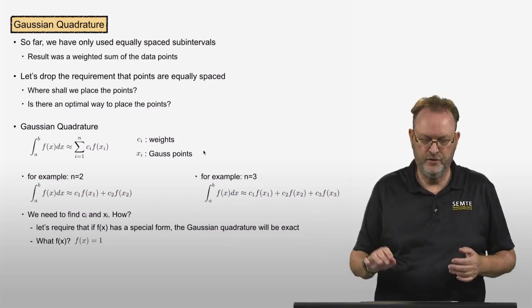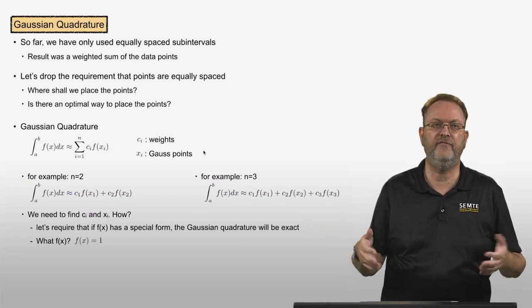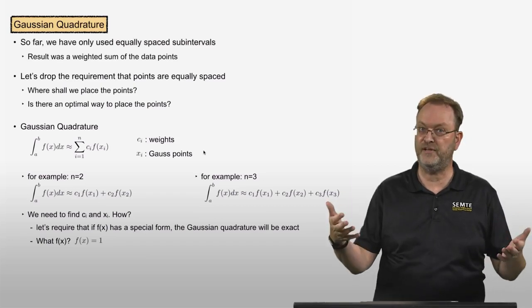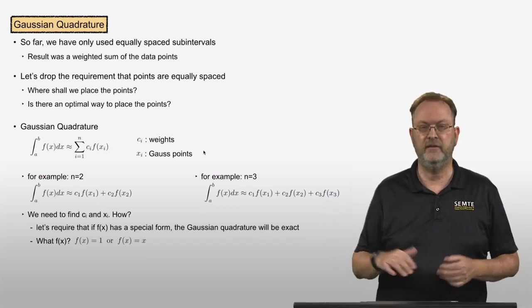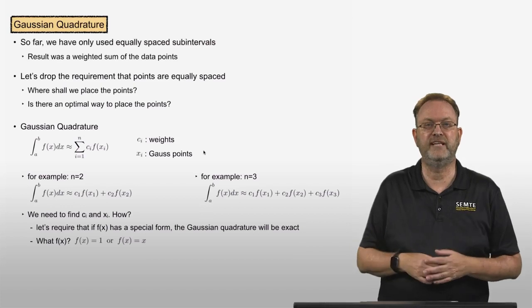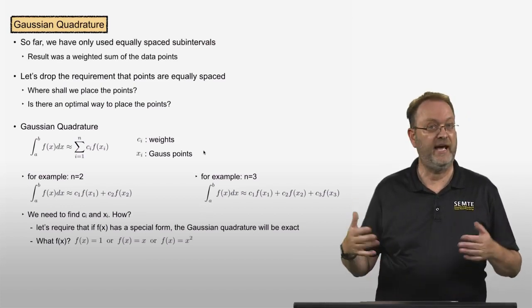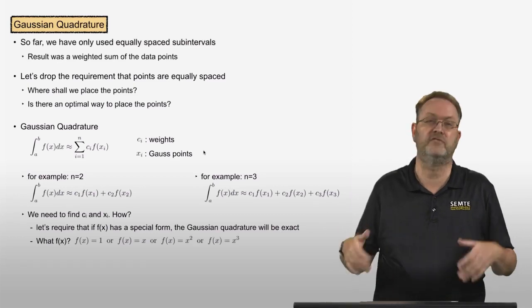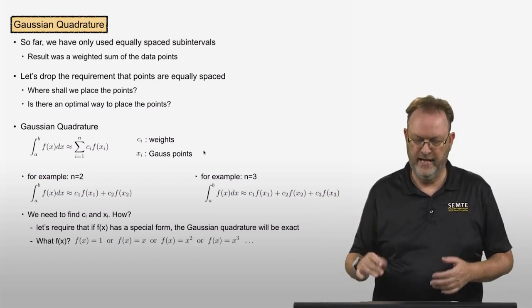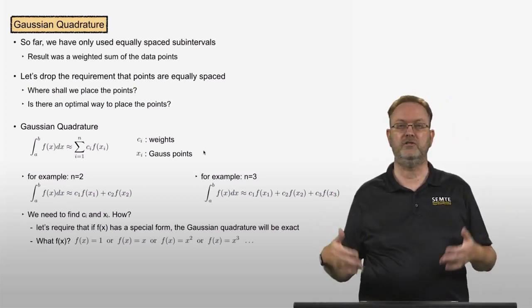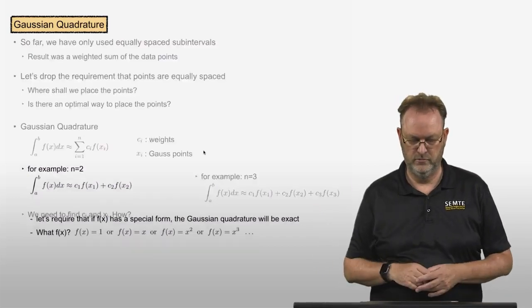Well, let's use monomials. So f of x equal to x to the power 0, which is 1. Then the next one we want this formula to be exact for is f of x equal to x to the power 1, then x to the power 2, x to the power 3, and so on, as many as possible.